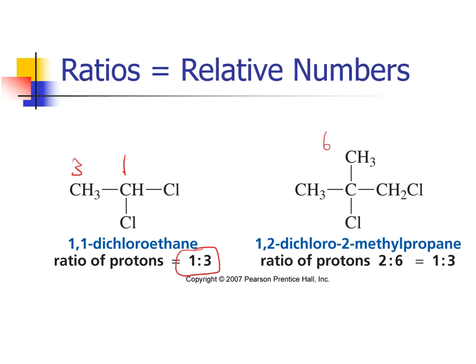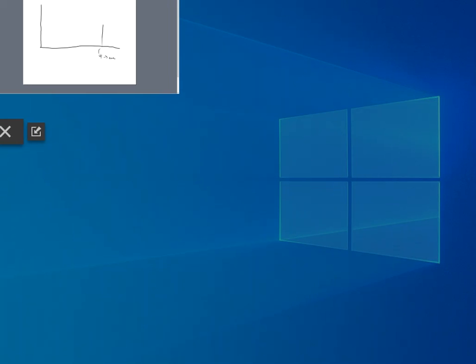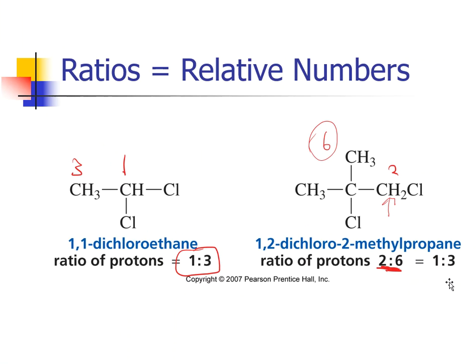And then this atom has 2 protons on that carbon. And it's a 2 to 6 ratio. 2 total, 3 plus 3, 6 is here. But that 2 to 6 can be simplified, right? And that 2 to 6 can be simplified to 1 and 3. And that's what we're seeing here. 2 divided by 2 is 1. 6 divided by 2 is a 3.